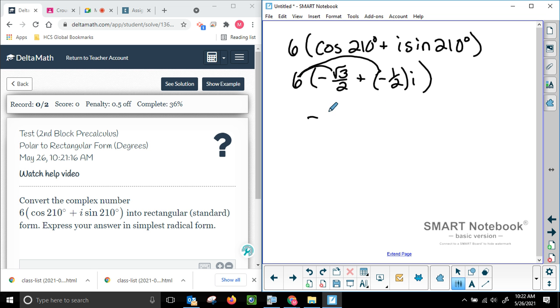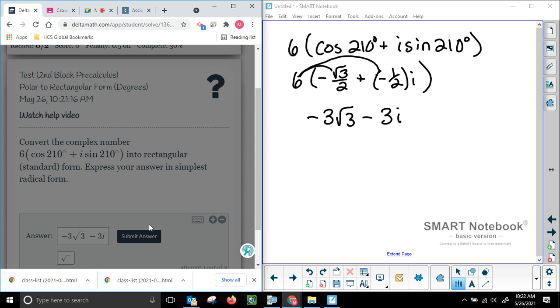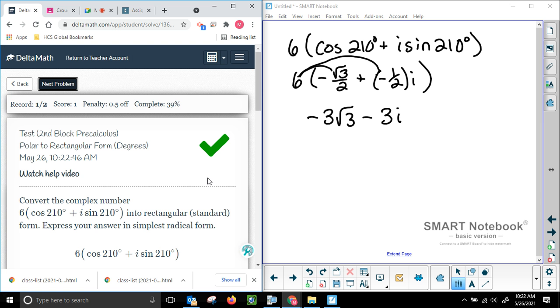So here I will get negative 3 square roots of 3, minus 3i. So that's all we have to do here. Negative 3 square roots of 3 minus 3i. Bada bing.